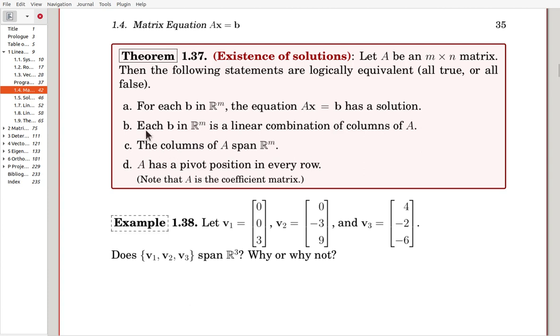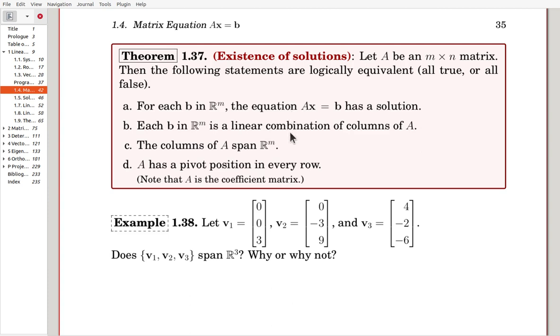And the second statement: each B in Rm is a linear combination of the columns of A. So if it has a solution, then the right side can be written as a linear combination of the columns of A. We can easily accept this equivalence.